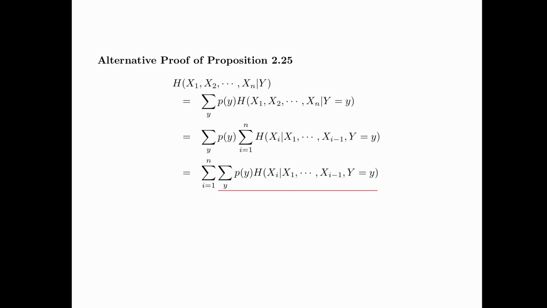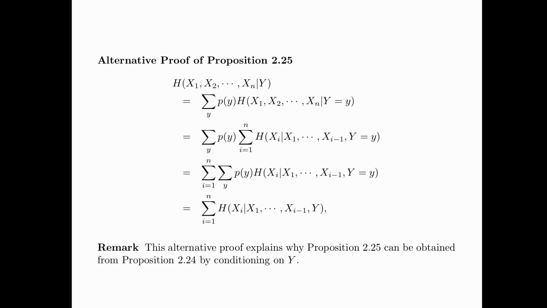Now the inner sum is just the conditional entropy of Xi given X1 up to Xi minus 1 and Y, and so we have proved Proposition 2.25. This alternative proof explains why Proposition 2.25, namely the conditional version of the chain rule, can be obtained from Proposition 2.24, namely the unconditional version of the chain rule, by conditioning on Y throughout the formula.